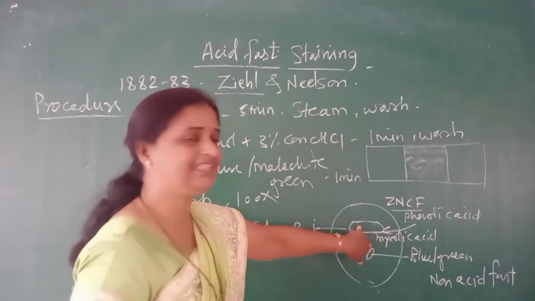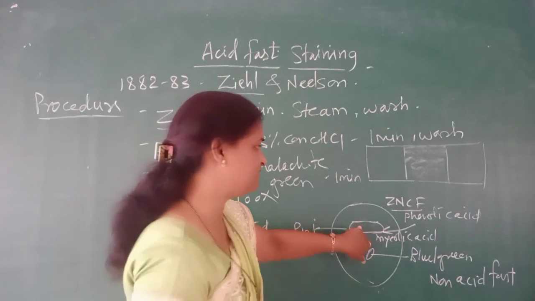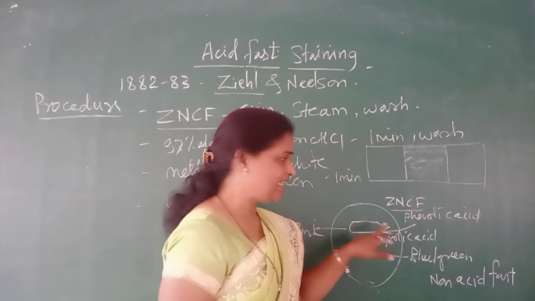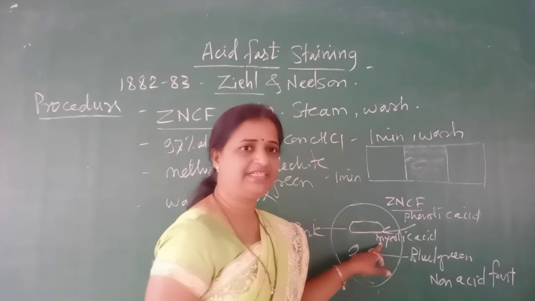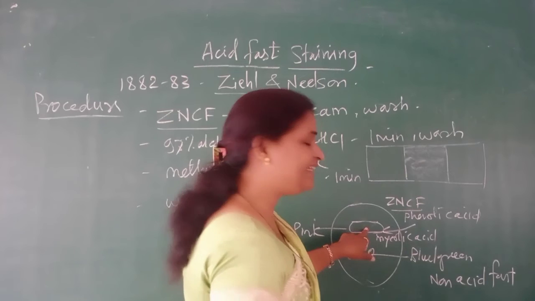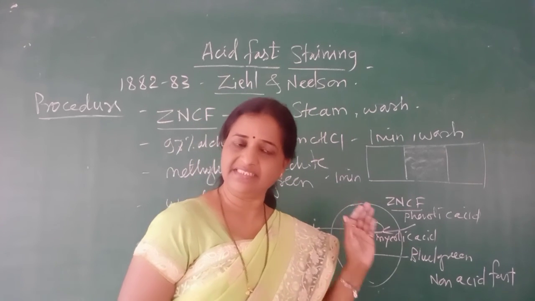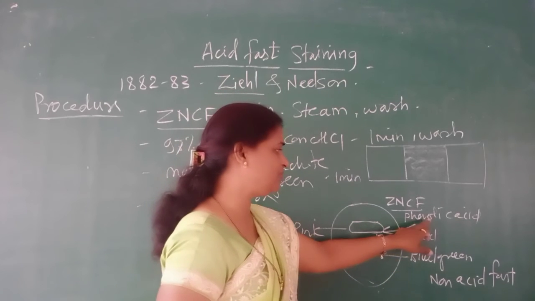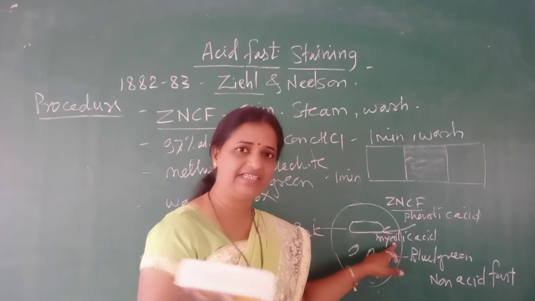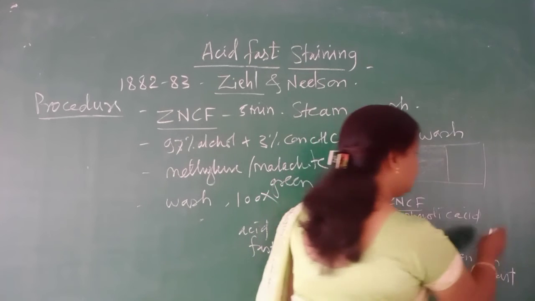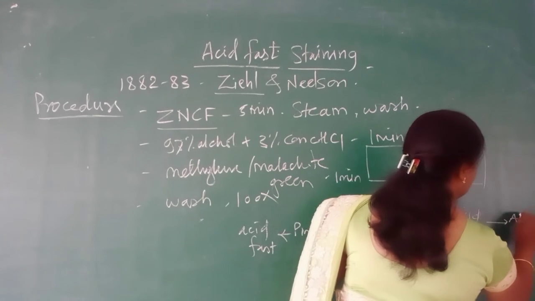But what happens in acid fast bacteria? Once they get stained, they retain the stain. Your alcohol cannot decolorize these acid fast bacteria because the phenolic stain has more affinity towards mycolic acid than towards your alcohol.